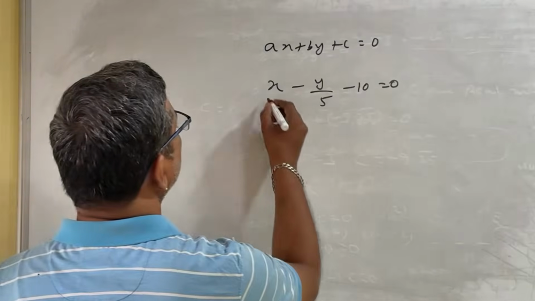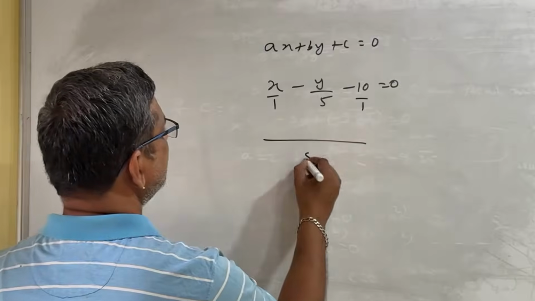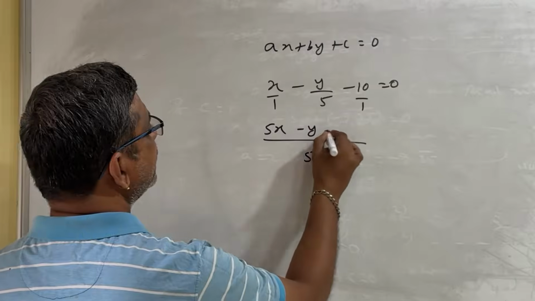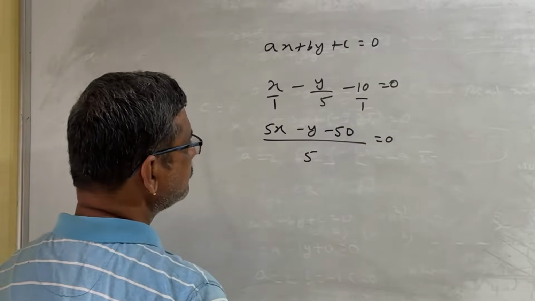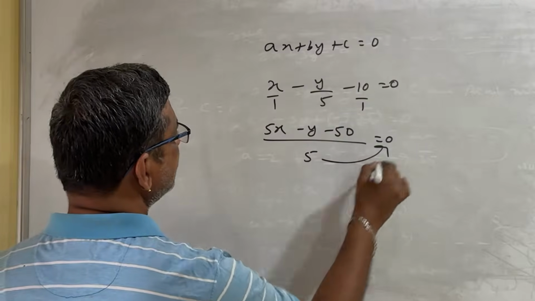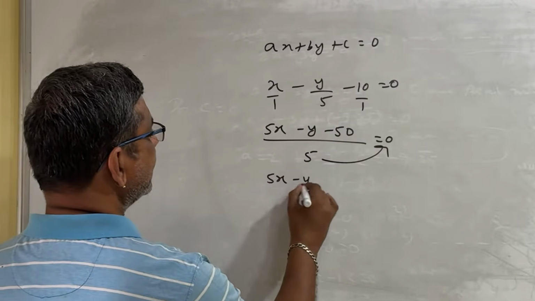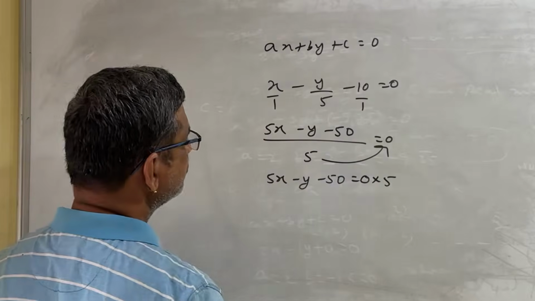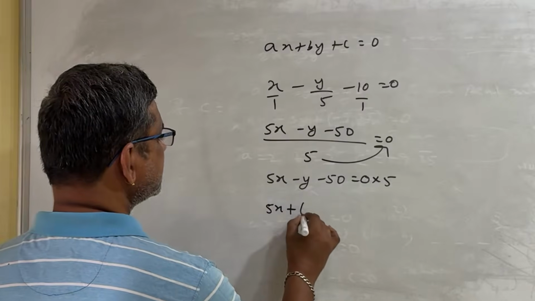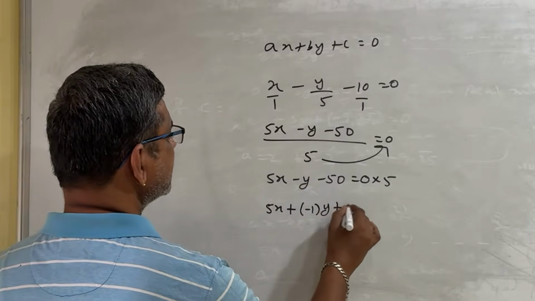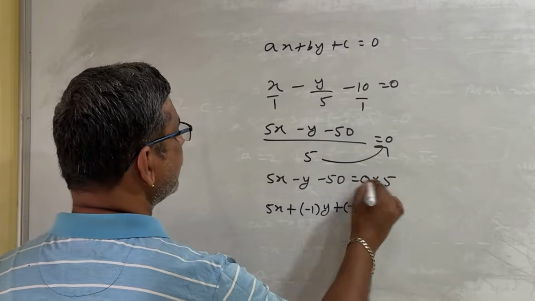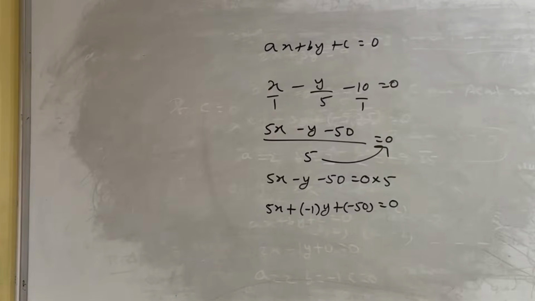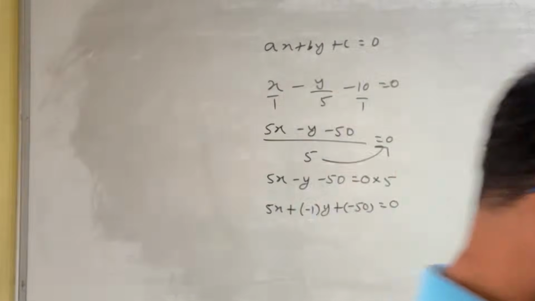First take out the LCM. LCM is 5. Here you will get 5x minus y minus 50 is equal to 0. So 5x plus negative 1 times y plus negative 50 is equal to 0. Now what is A, what is B, what is C, children?